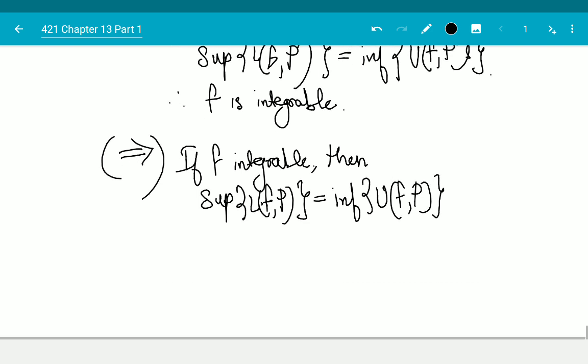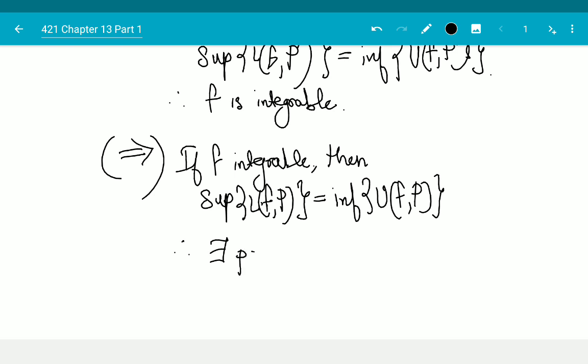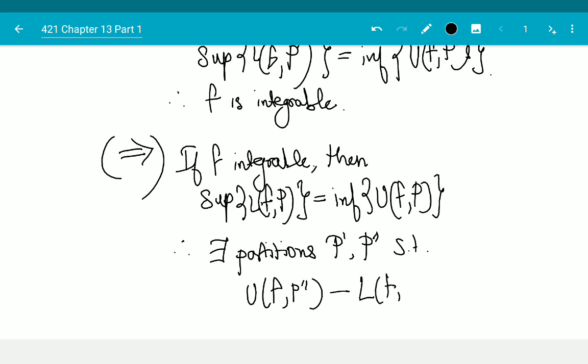So now I can find partitions. Therefore, there exist partitions P', P'' such that U of f comma P'' minus L of f comma P' is smaller than epsilon.